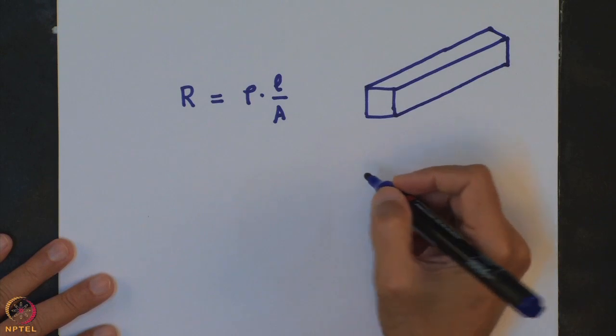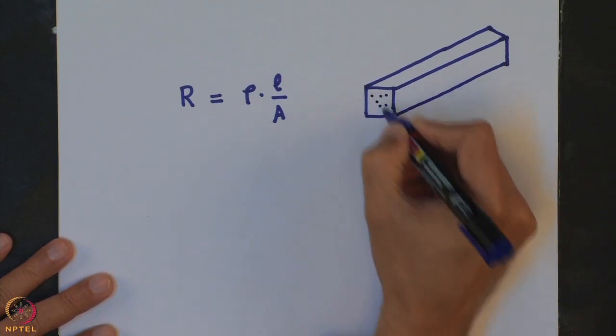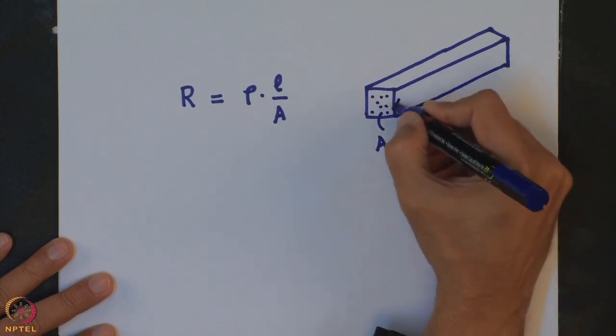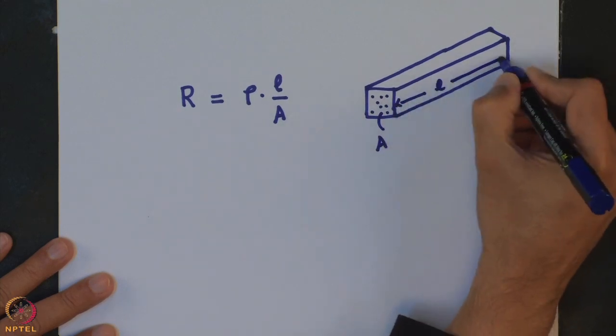I have just taken a general example. So, this area what you see is A and this length is L.